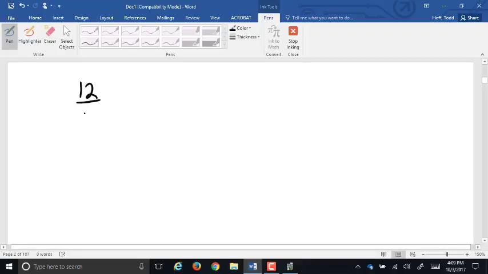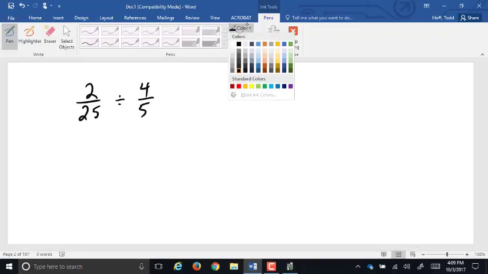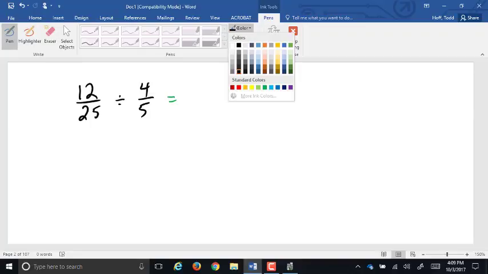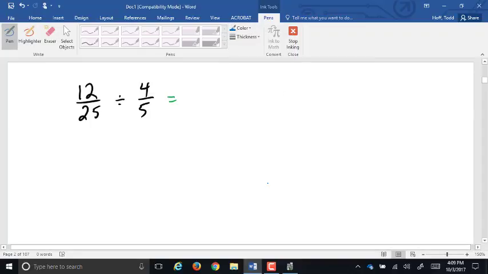When we said before that division follows the same rules as multiplication, when we multiplied straight across, so when we divide, can I divide straight across? Can I do 12 divided by 4 is 3? You bet. 25 divided by 5 is 5. Does that work? Is that the correct answer?